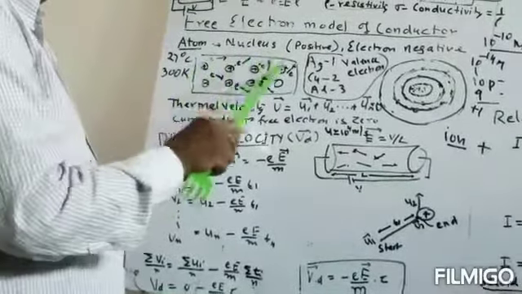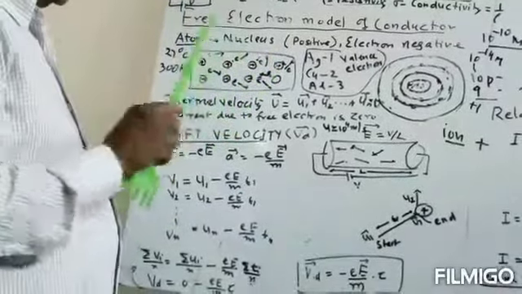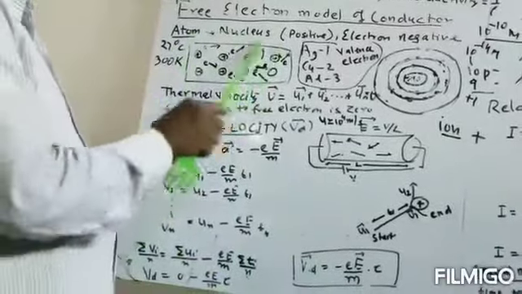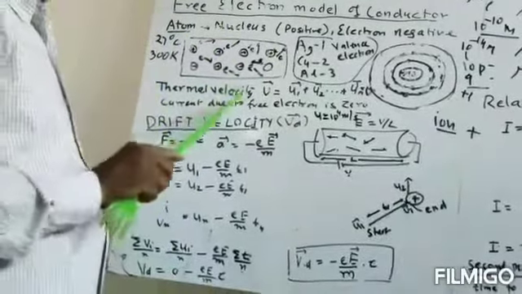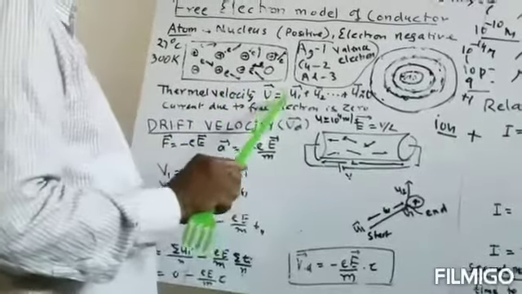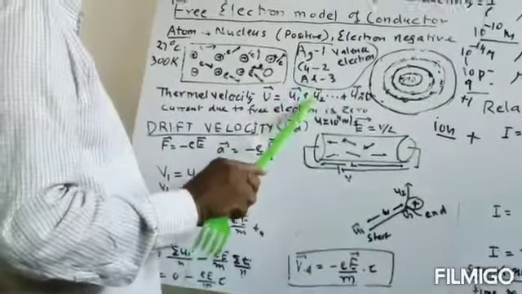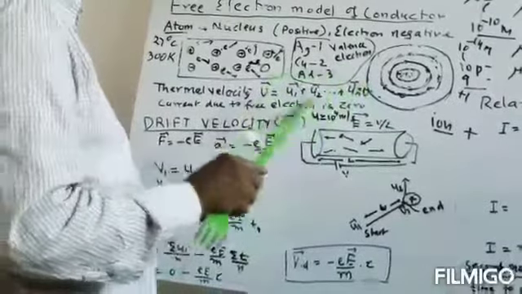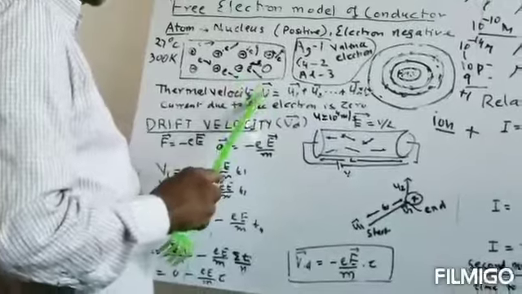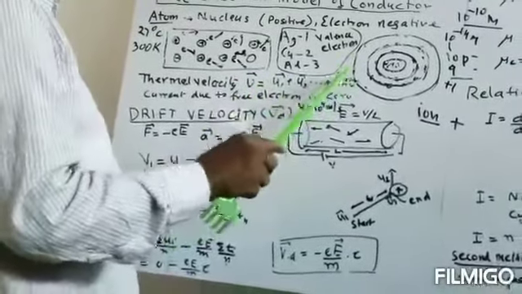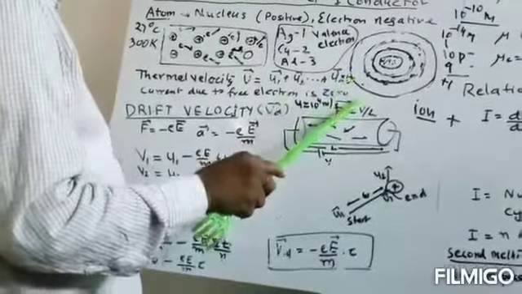So what will be the net thermal velocity of these electrons? We can find the thermal velocity: u will be equal to u1 vector plus u2 vector plus and so on. Since their directions are random, the total vector sum of thermal velocities will be equal to 0.